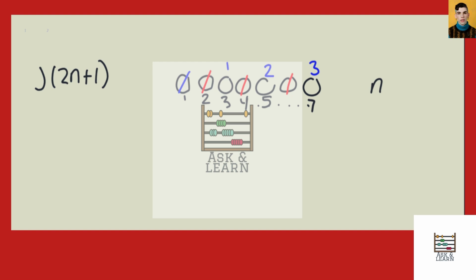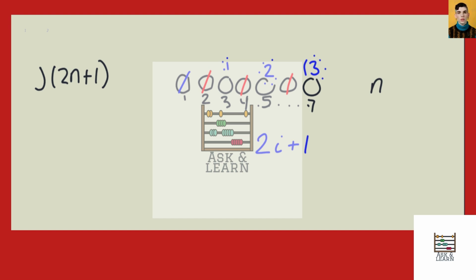Okay, so if we give them the new indexes, well, that is represented by 2i plus 1, right? So if we take 2 times 1, we add 1, we get 3. 2 times 2 plus 1 is 5, and so on. And whatever index our J of n is at, we'll then put into here, right?